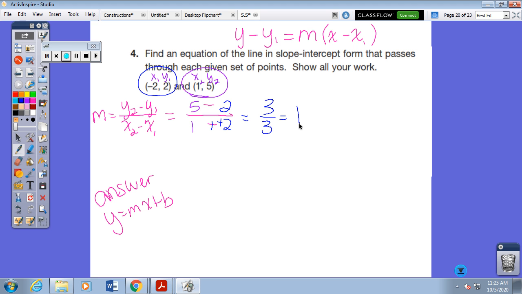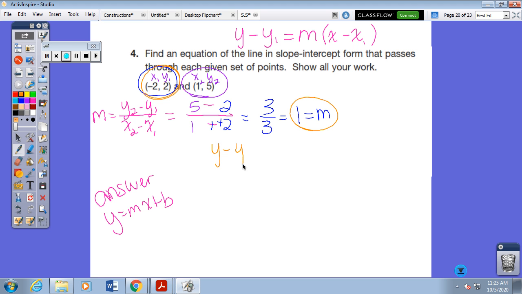So 3 divided by 3 is 1, so that's equal to m. So now the question is, what do I use? It doesn't matter which set of points you pick, you pick a set. So I'm going to use this m, it's the only m I got. Then I'm going to use this set of points.